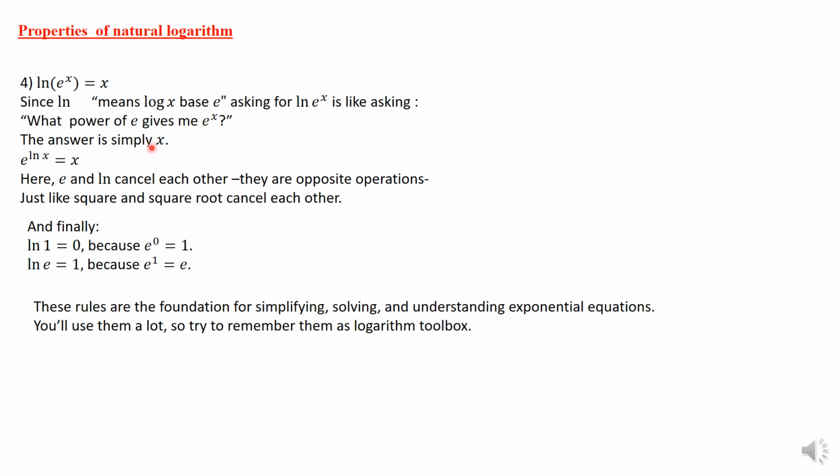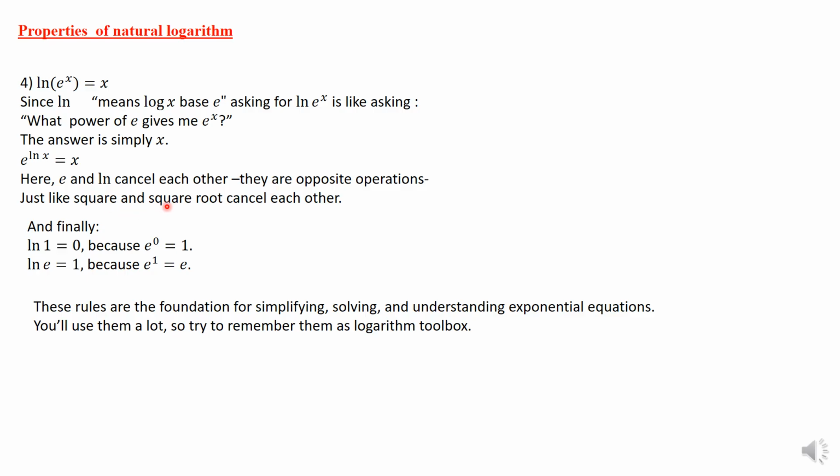The answer is simply x. And e power ln x is equal to x. In other words, e and ln cancel each other. So ln e power x is x, e power ln x is also x. They are opposite operations, just like square and square root.